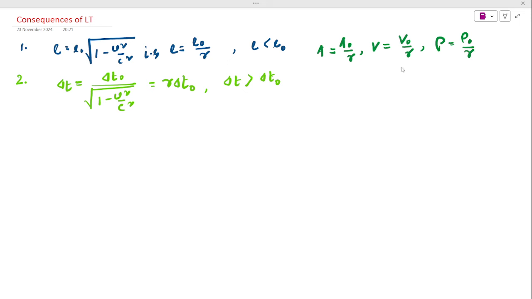After that, the relativistic velocity addition theory.